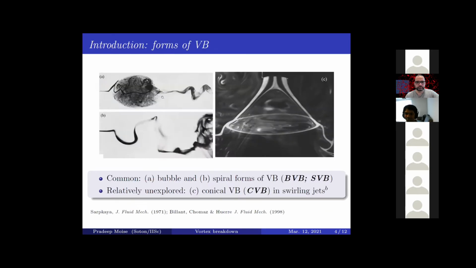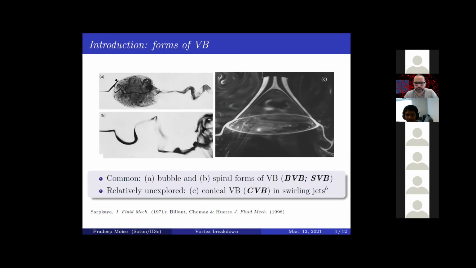So you can have different types or forms of vortex breakdown based on the structure of the recirculation zone that is formed. The most commonly observed ones are the two that I just described and are shown here. Again, dye visualization of a swirling flow in which you have dye injected along the center line.